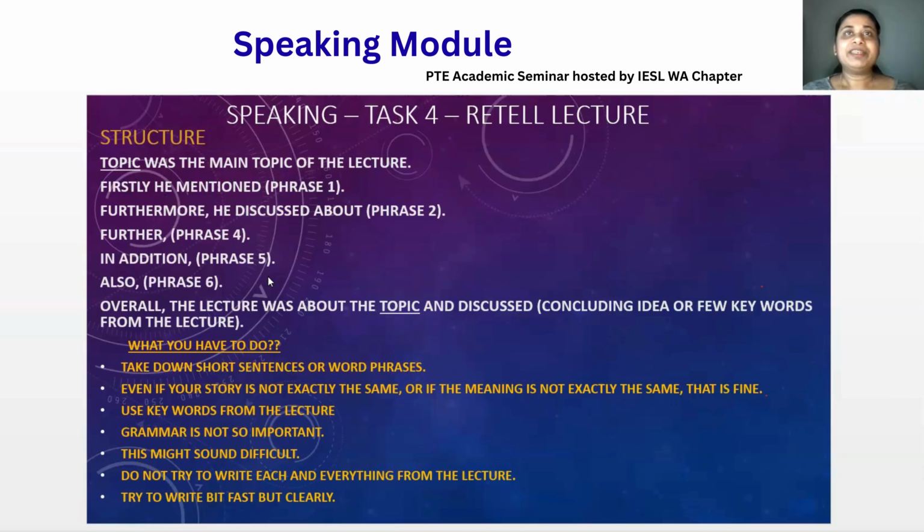And then furthermore, the lecture had details about, and you can add some more keywords that you have noted. In addition, another phrase, and then also another phrase from the lecture. Finally, you have to conclude with a concluding idea. You can say, overall, the lecture was about this topic and discussed this and that.